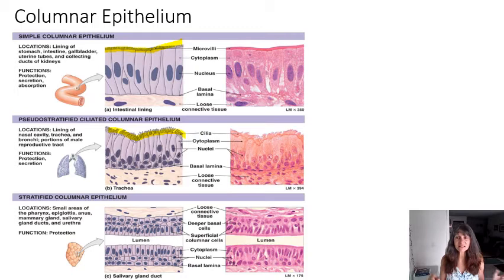That does not exist. Also, larynx, not larnyx. Let's get it straight. We have pharynx, epiglottis, anus, mammary glands, salivary duct glands, the urethra. Those are all places where we can find stratified columnar epithelium, and its purpose, its function, is for protection.